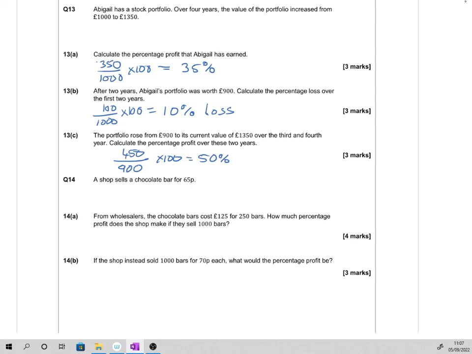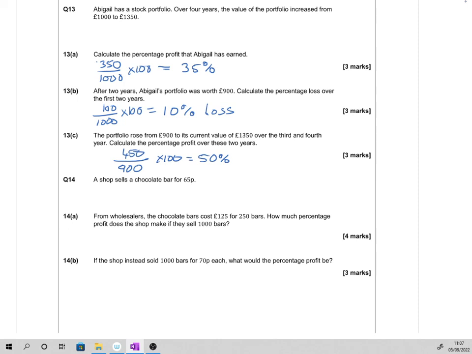A shop sells a chocolate bar for 65p. From wholesalers, chocolate bars cost £125 for 250 bars. How much percentage profit does the shop make if they sell 1,000 bars? So chocolate bars cost 125 for 250.